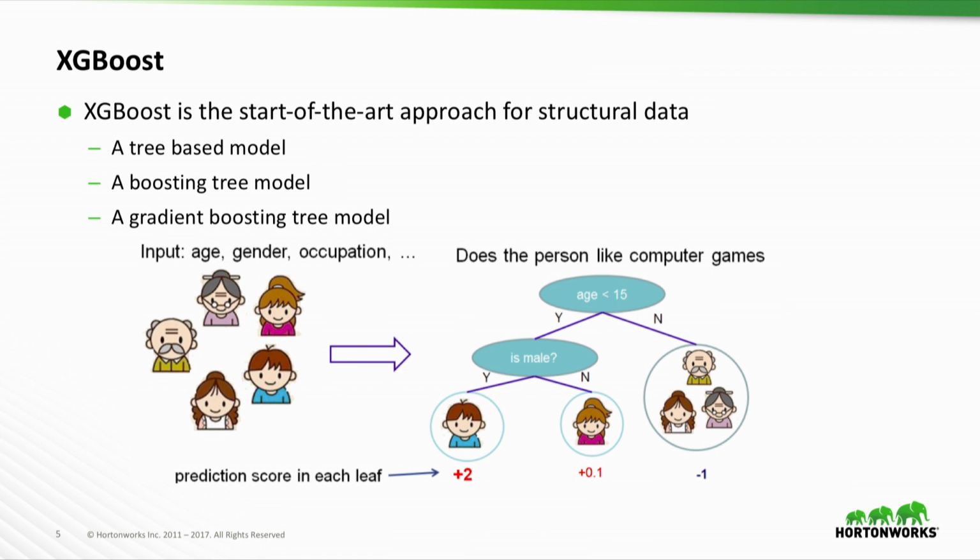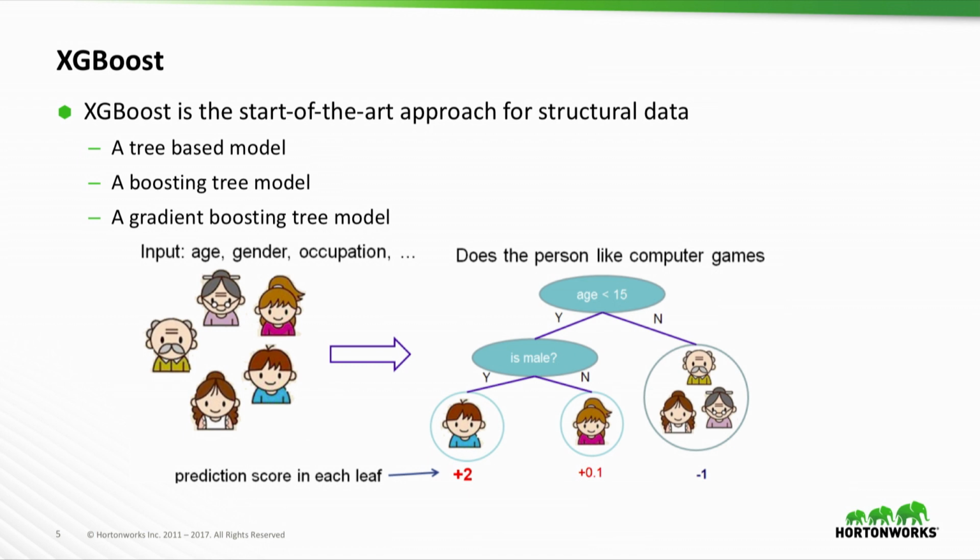For example, here we want to predict whether a person likes computer games or not. At the first level, we separate the samples based on the age of the person. If the age is no more than 15, we go to the next level, where we can separate based on the gender of the person.